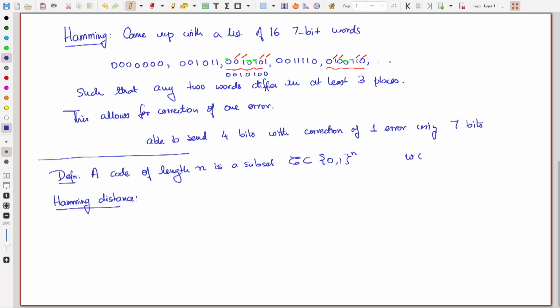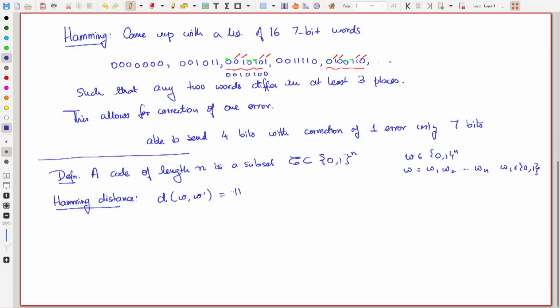If I have w in 0 1 to the n, I will write w as w 1, w 2, ..., w n, where each w i belongs to 0 1. So that is a word, w stands for word. The Hamming distance between two words, I will call it d of w, w prime, is the number of i between 1 and n such that w i is different from w i prime.